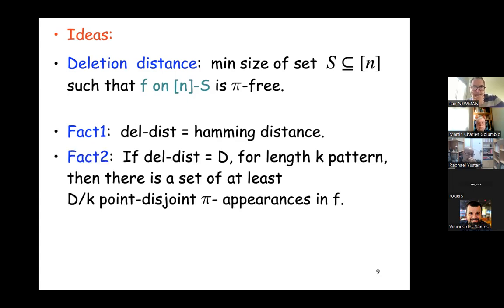And it's important because of the second fact, saying that if the deletion distance is d, namely, if you need to delete d points for the function to be pi free for a pattern of size k, it means that there are many pi appearances. There are at least d over k point disjoint pi appearances in f.